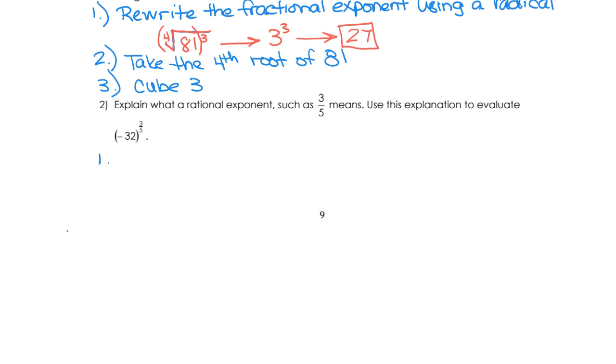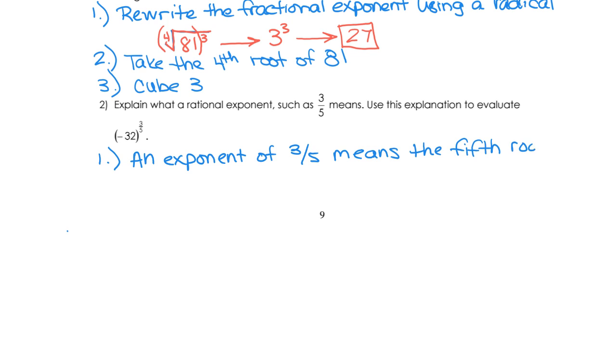So in our first step, we're going to say that an exponent of 3/5 means the 5th root of a number, which our number is negative 32, of a number cubed.